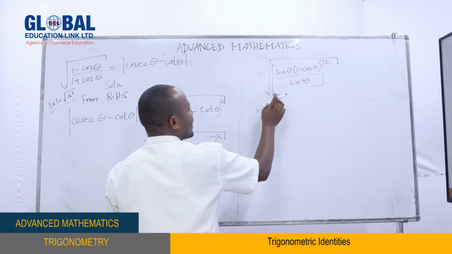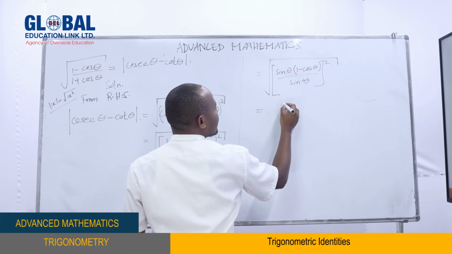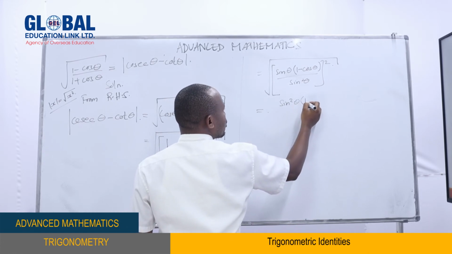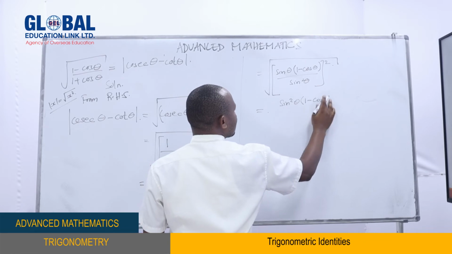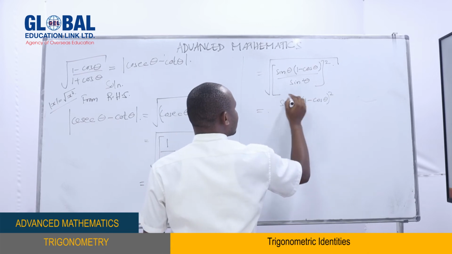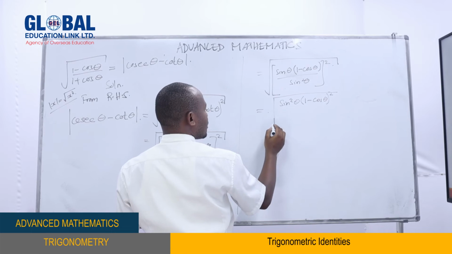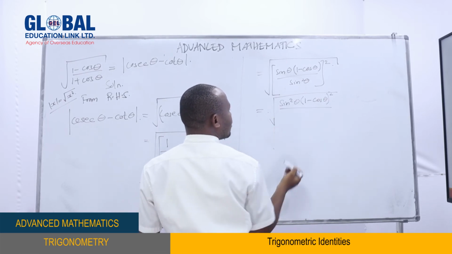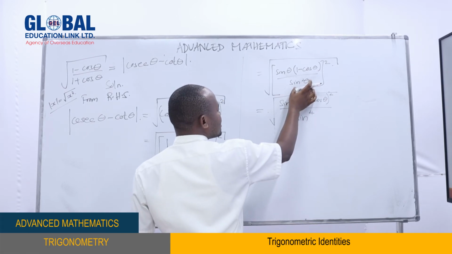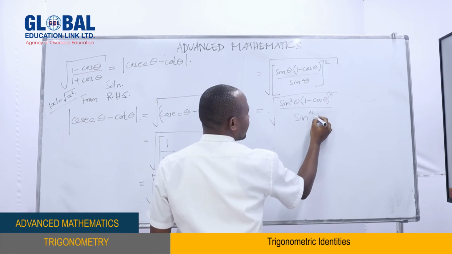Now let's manipulate that. We are left with sine theta times (1 minus cos theta), all of that squared, over sine squared theta squared, that is sine raised to 4 theta.